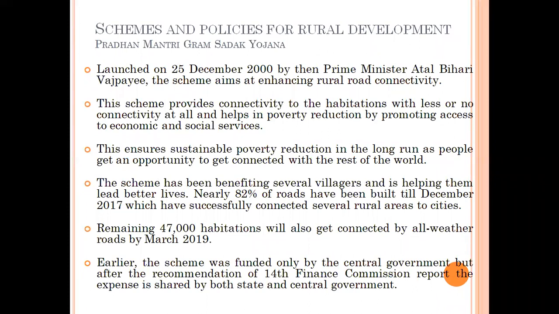Its target was to connect 178,000 habitations with the population above 500 in plains and in hilly areas above 250 to be connected by all-weather roads. And out of this, by December 2017, almost 80% were already connected. And work in progress that is remaining, that is 47,000 habitations.